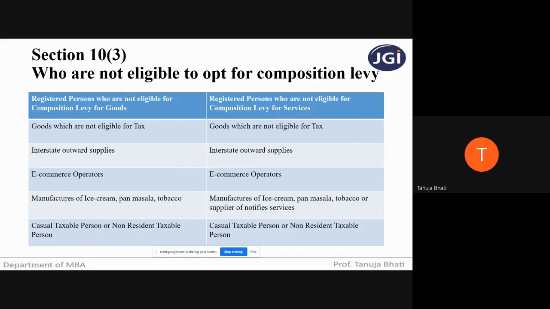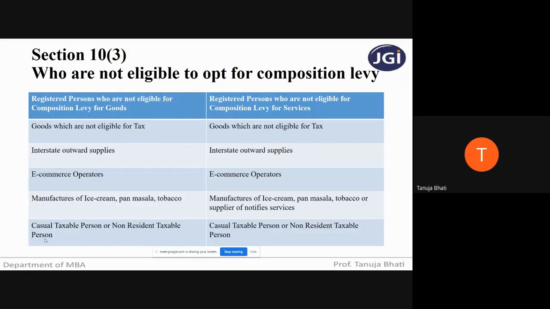Now, who is a casual taxable person, students? A casual taxable person means a person who is supplying goods and services occasionally in a certain taxable territory where he does not have a fixed place of business. So there he takes his registration as a casual taxable person.